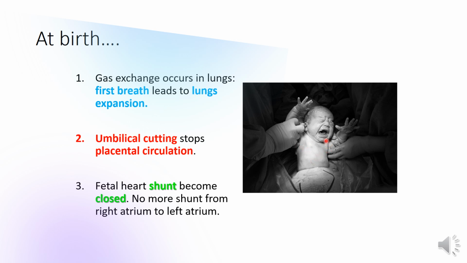So we must make sure that when the baby is born, the earlier the baby cries, the better the prognosis. And umbilical cutting will stop the placental circulation. In the fetal heart, the shunt becomes closed, no more shunt from the right atrium to the left atrium.